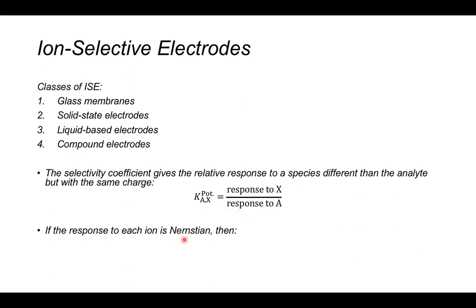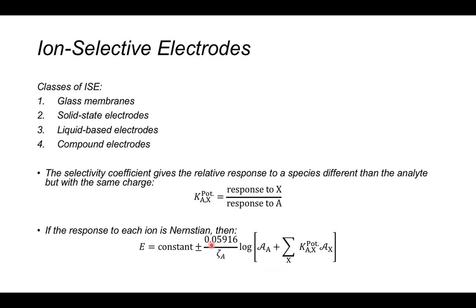If the response to each ion is Nernstian, then the relationship can be given as this. The potential is equal to some constant related to the system involved, plus or minus this term, which takes into account the concentration and the activity of a particular species.